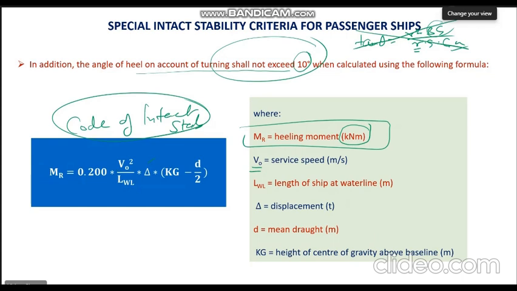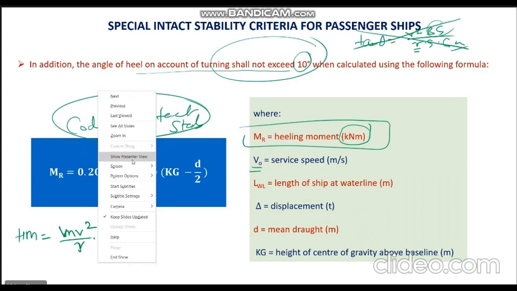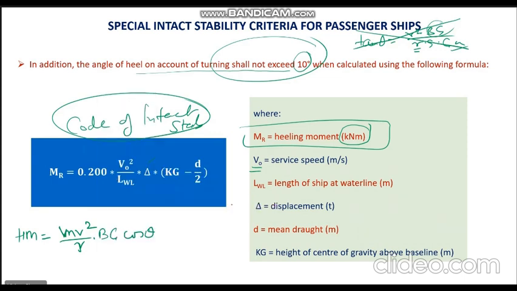It is not there in the code of intact stability, but it will help you in remembering the things. If you remember, our heeling moment was what? M v square upon r into BG cos theta. Remember in the derivation, that was our heeling moment. Yes or no? You can go back in the derivation and see what was the heeling moment.